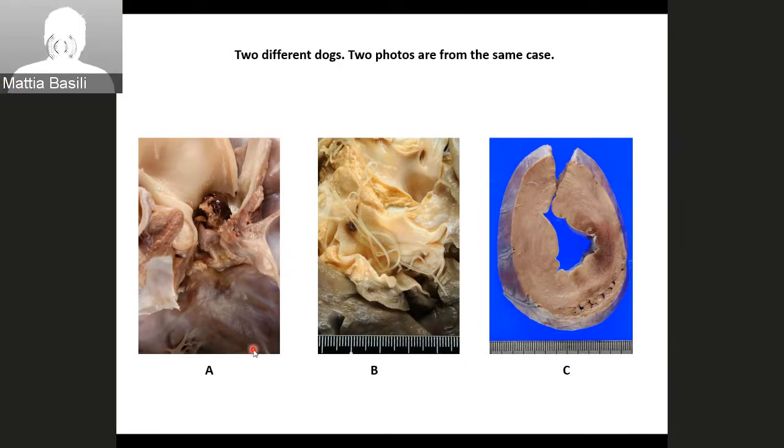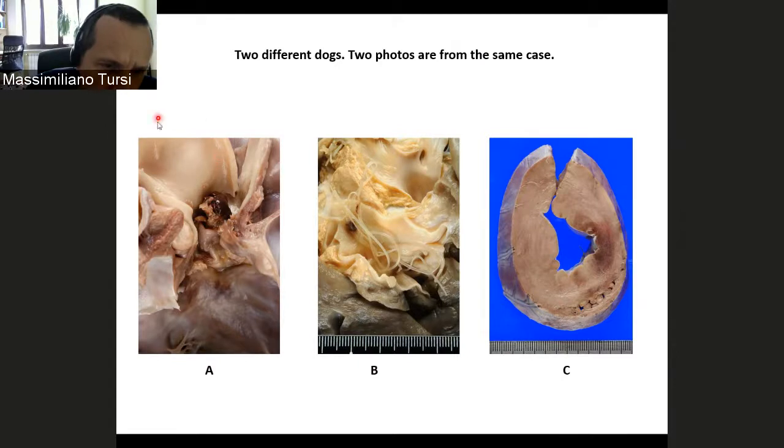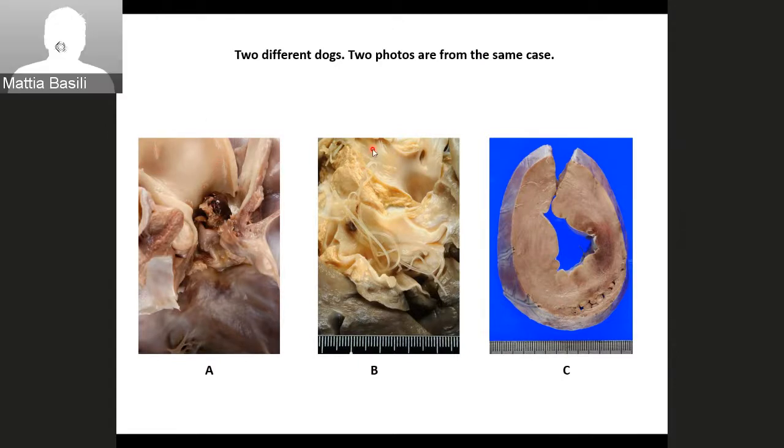We can be either right or left side, and I think it's gonna be right side. I will go for that based on those trabeculae over there.